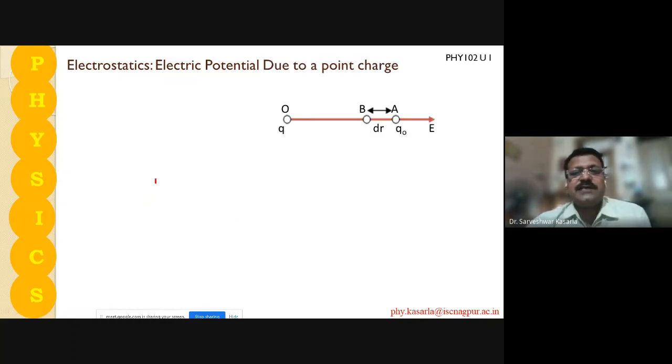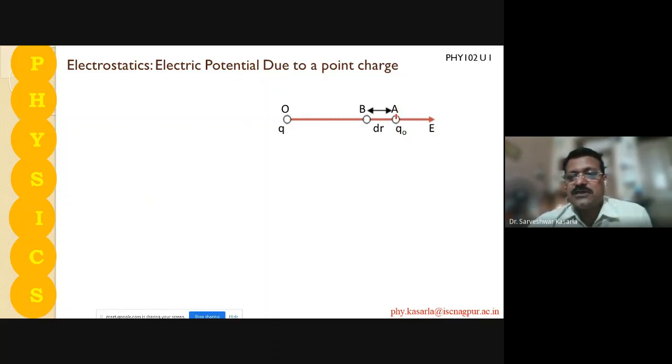So let us consider the expression for the potential. Here at point O there is a charge q, and its intensity will be along this direction. At point B we have the test charge q0.